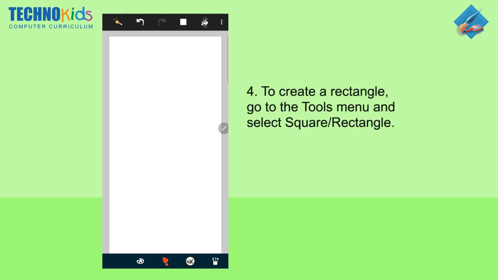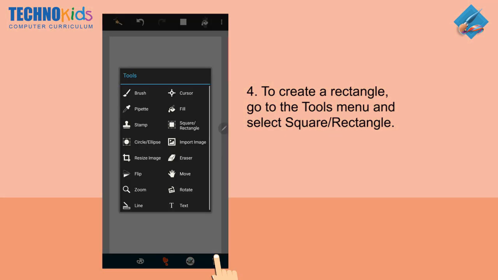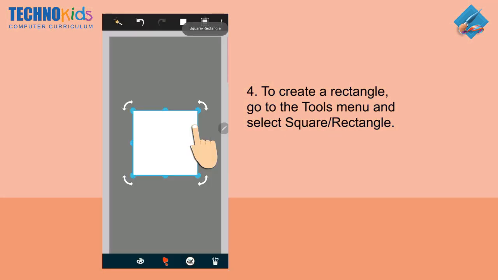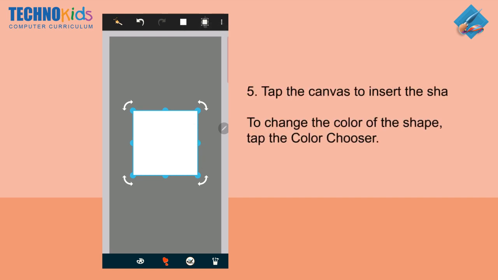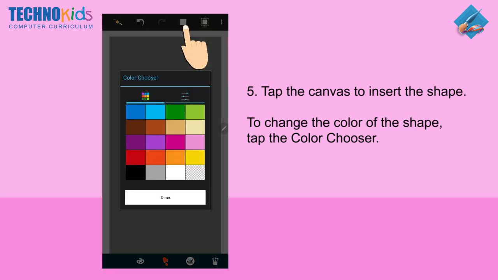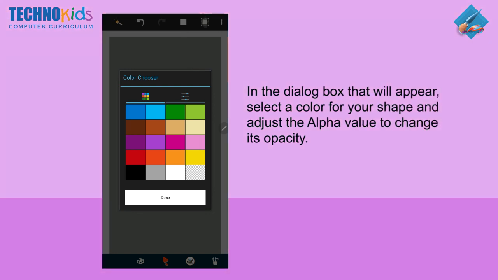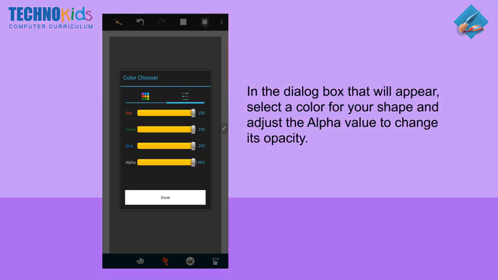Number 4. To create a rectangle, go to the Tools menu and select Square Rectangle. Number 5. Tap the canvas to insert the shape. To change the color of the shape, tap the color chooser. In the dialog box that will appear, select a color for your shape and adjust the alpha value to change its opacity.